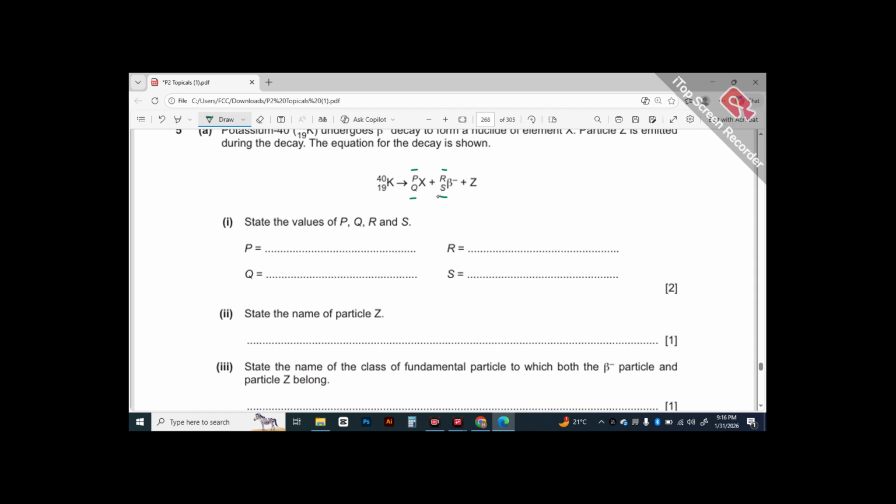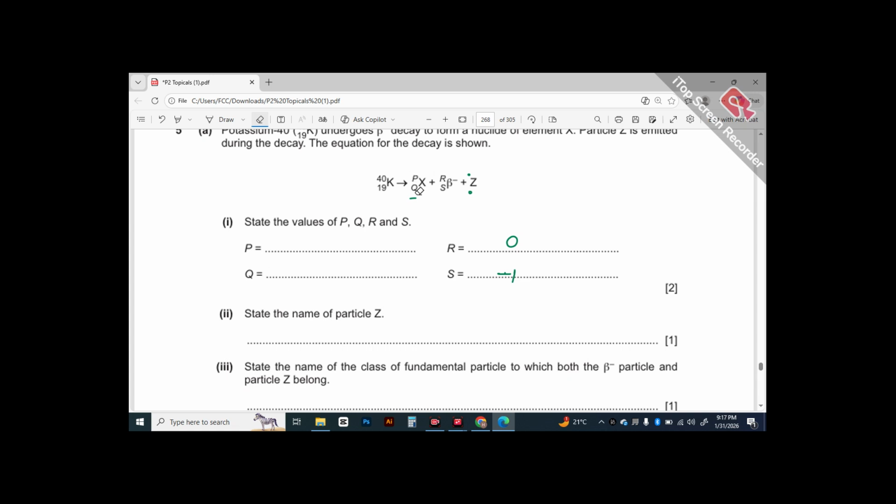But if you are well versed in beta decay, you would have known that every time beta negative is emitted, antineutrino emits, and that Z is exactly the antineutrino. It has 0 charge, it has 0 mass. Beta itself, we know that because it is negative, so this S must be minus 1 and this R must be 0.